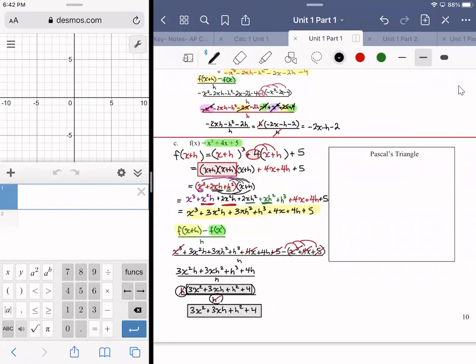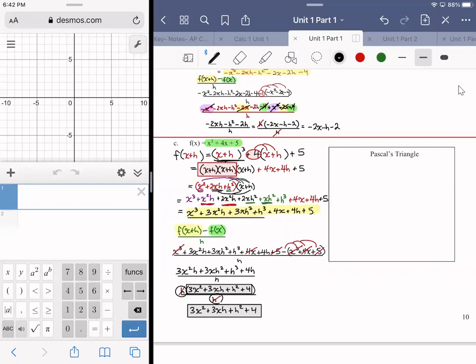All right, so I wanted to talk to you about Pascal's triangle really quickly because it's a nice, efficient way of coming up with the expansion of a polynomial without having to do all this algebra, right? What I mean by that is when we had the x plus h cubed, we needed to get to x cubed plus 3x squared h plus 3x h squared plus h cubed.